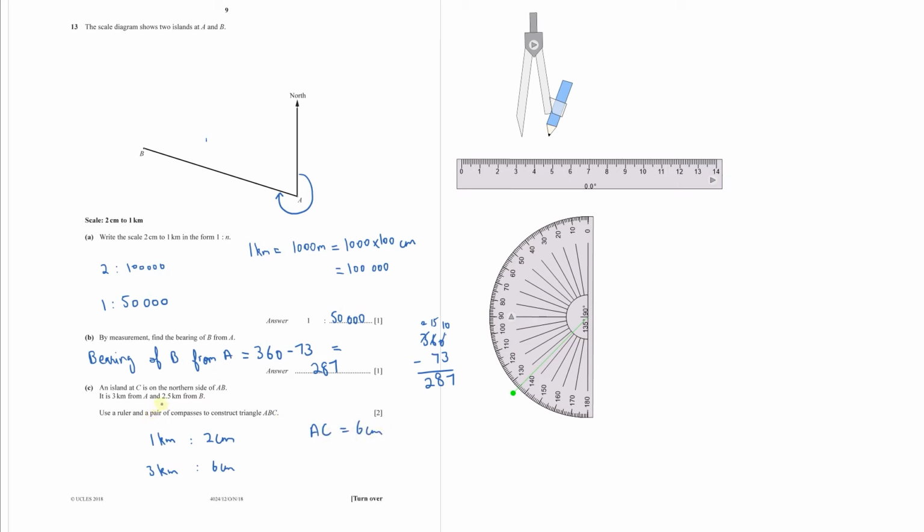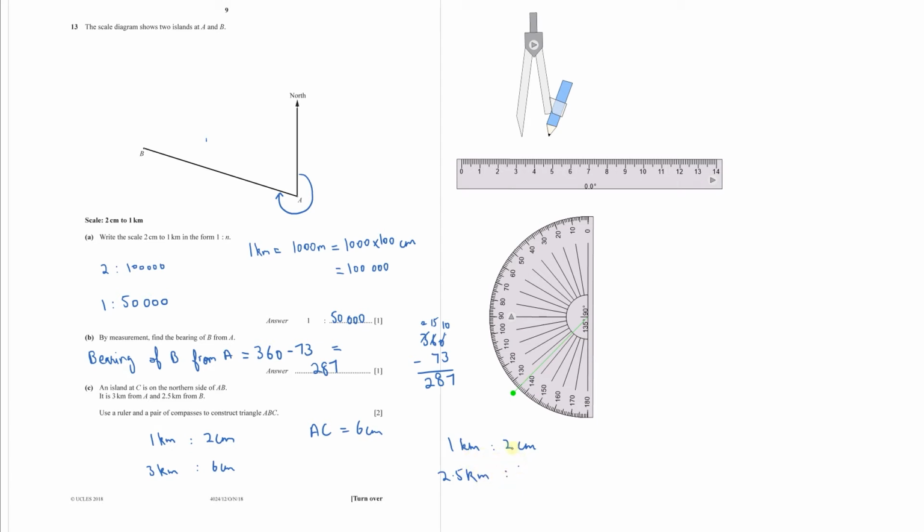And similarly, we can find the length BC. C is 2.5 kilometers from B. So 1 kilometer is again 2 centimeters, and we have to find 2.5 kilometers. So you simply multiply by 2.5.